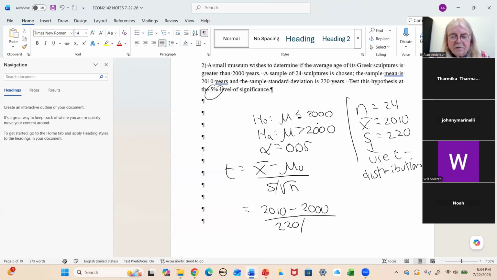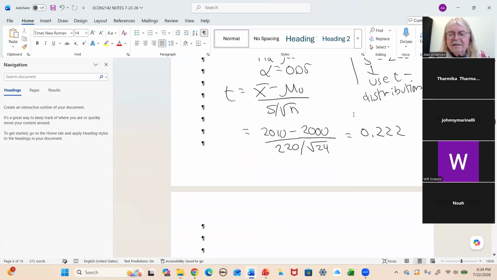We divide it by the square root of 24. All right, let's see what this is. Ooh, that's a very, very small number for the t distribution. So it's not likely that we'll be rejecting this null hypothesis, but let's check it out.